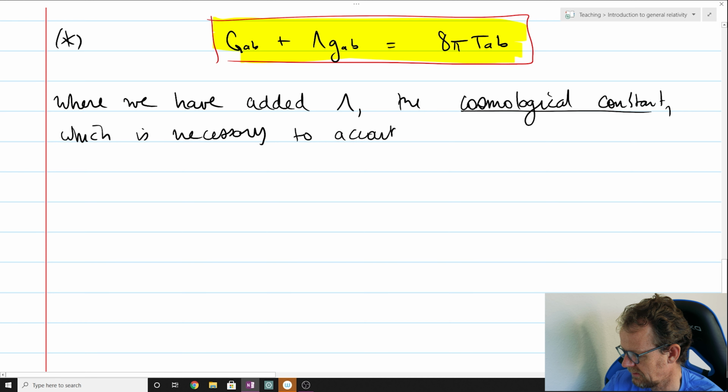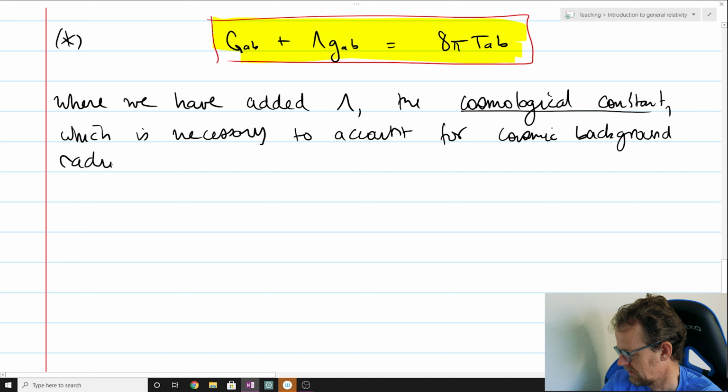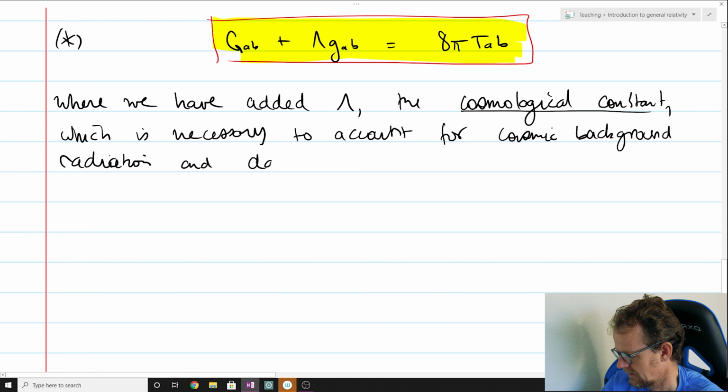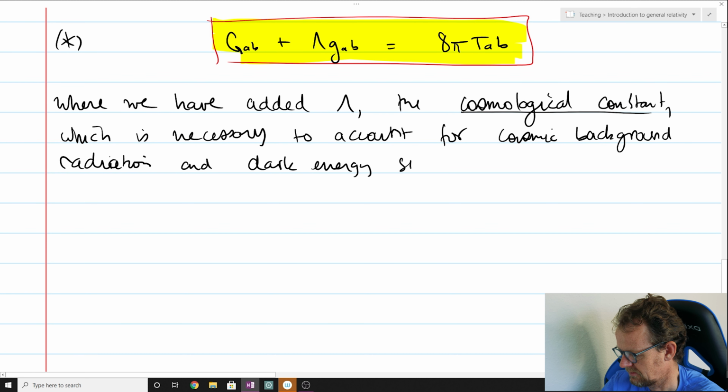And what do we need it for? Well, we need to account for the observed cosmic background radiation. But also very recently, the non-vanishing of this term was also independently, largely verified by the dark energy surveys, which have just been completed or just begun.